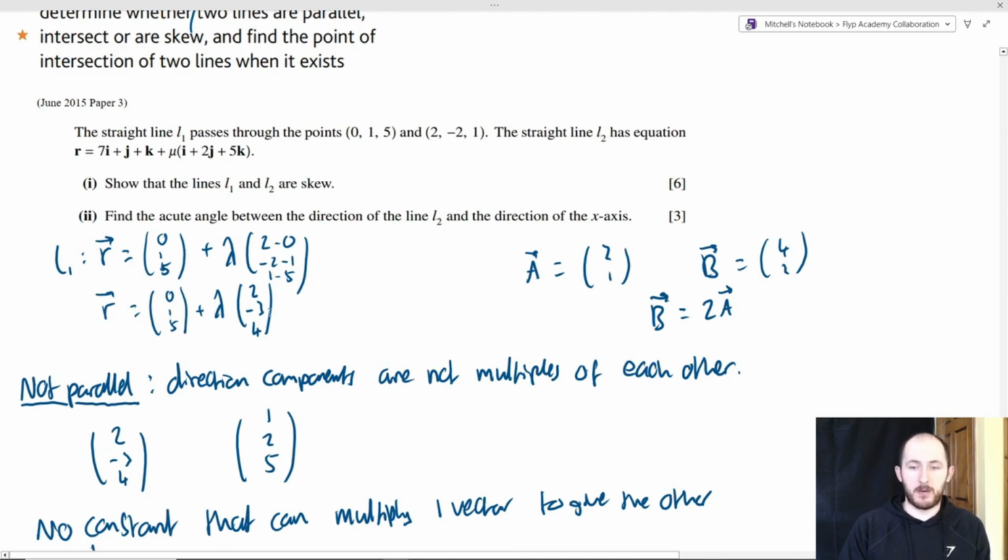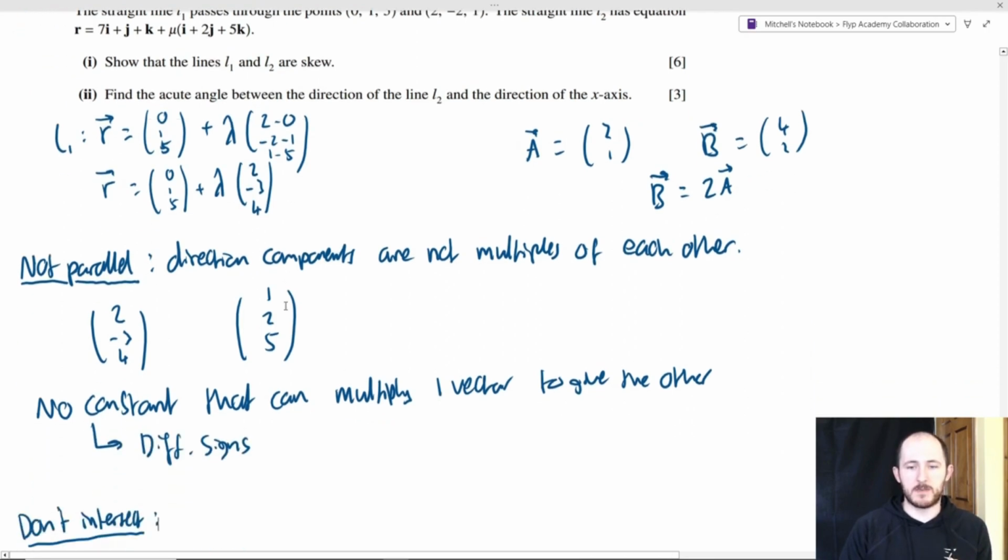And 1 minus 3 lambda should equal 1 plus 2 mu, and so on. So that's what we have to do. And we have to prove that the system of equations is solvable or not solvable. If it's not solvable, that means they are not intersecting with each other.